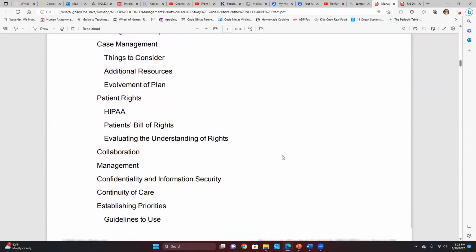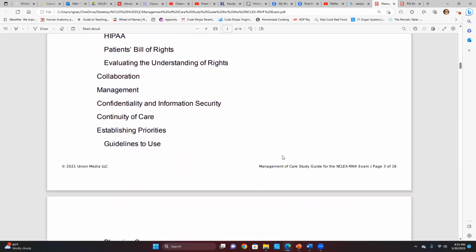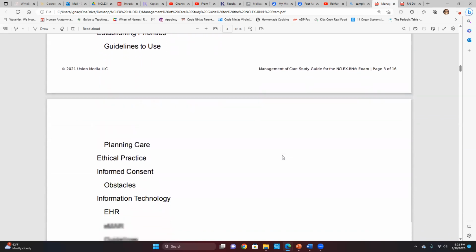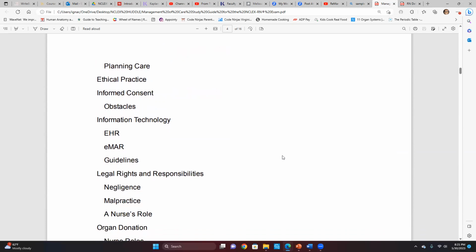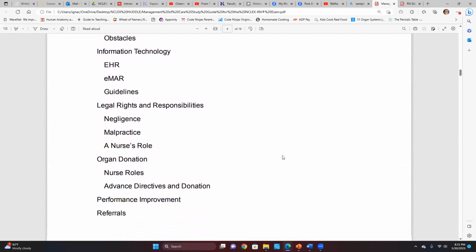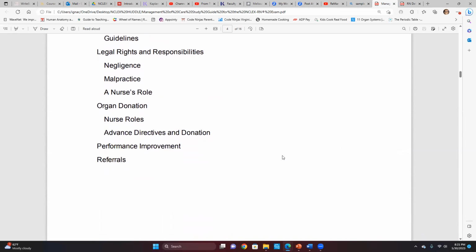We'll talk about HIPAA, the Bill of Rights, continuity of care, confidentiality, ethical practice, all of those ethical terms, right? Whatever book you're using, if it's Saunders, make sure that you review those terms like tort, malpractice, negligence, assault, battery, and non-malfeasance, like all of those, utilitarianism, meaning the good for all.